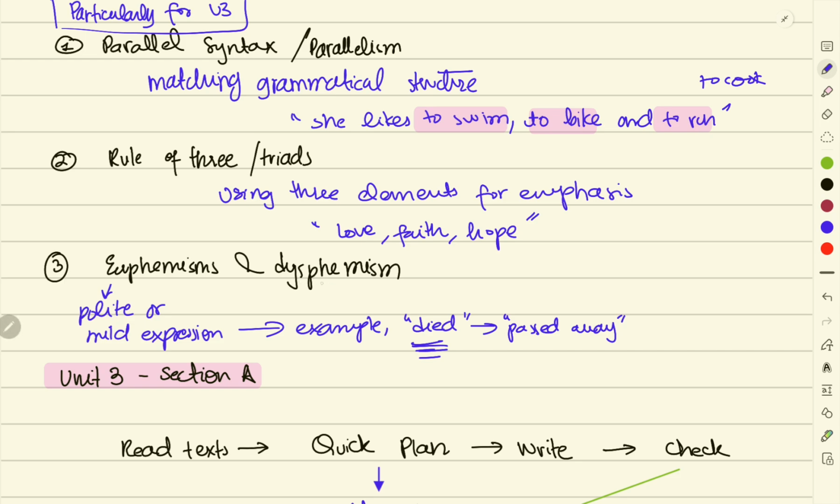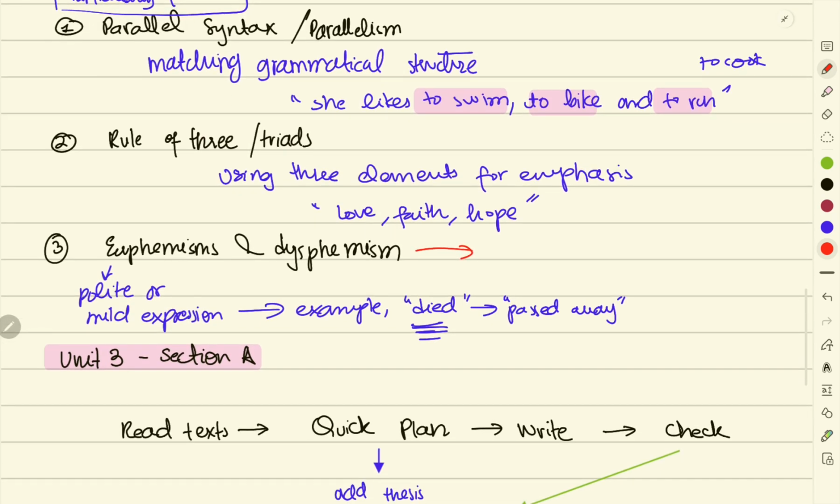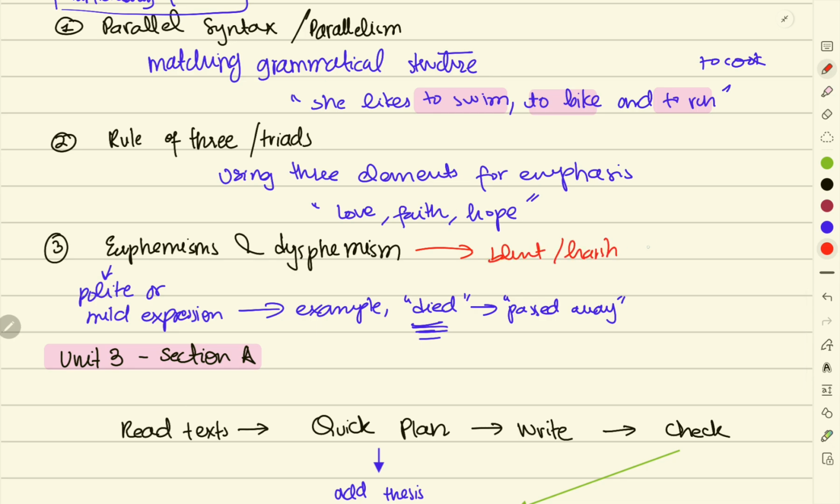And the dysphemism is the exact opposite of this. It is a blunt or harsh expression, and these are used to shock, offend, criticize. So they're used for exact opposite reasons.